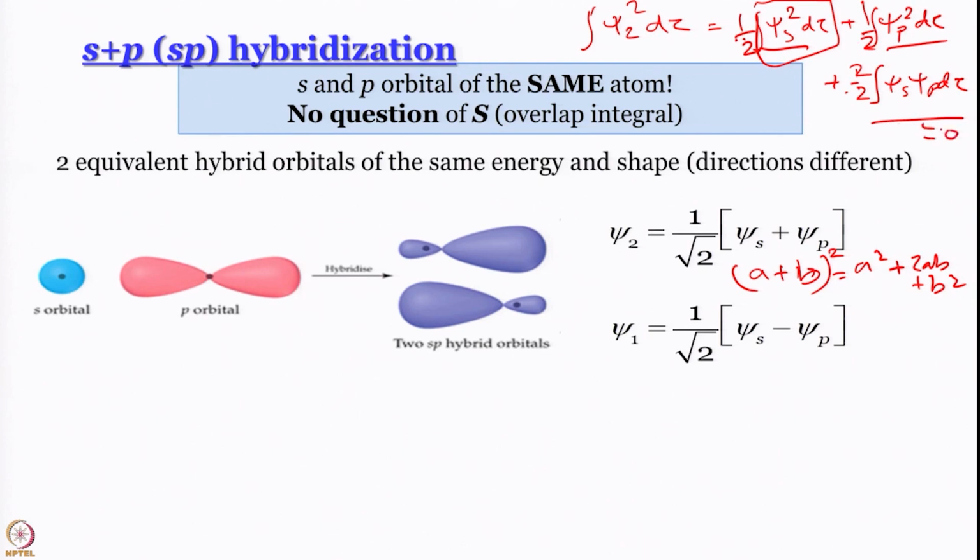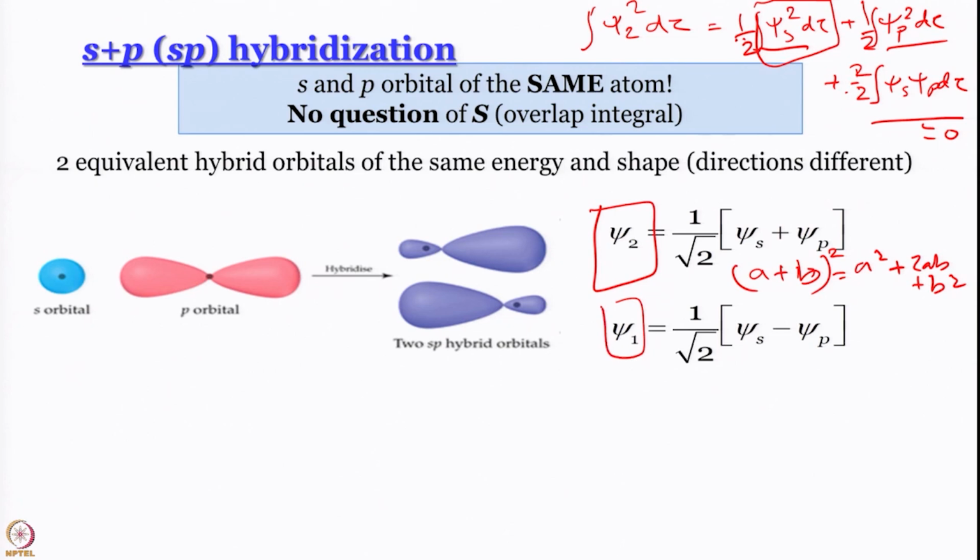Do not get confused with the overlap integral; we will get something like this later on when we talk about MO. Overlap integral arises only when there are 2 nuclei, here there is only 1 nucleus. So this is 0, this is 1, this is 1, this is half, this is half. So half plus half is equal to 1. So we have proven that psi 2 is normalized. Similarly, you can show that psi 1 is normalized as well.